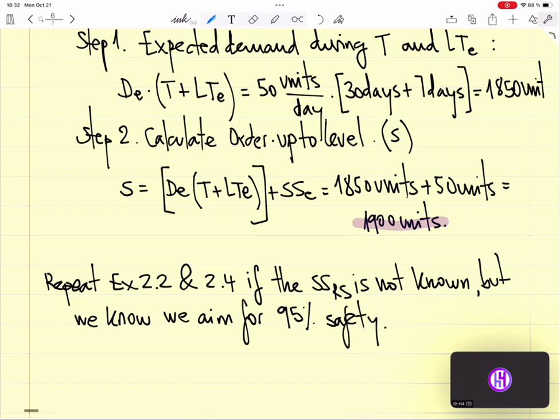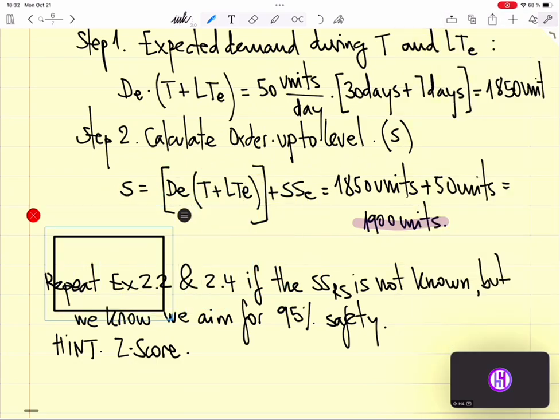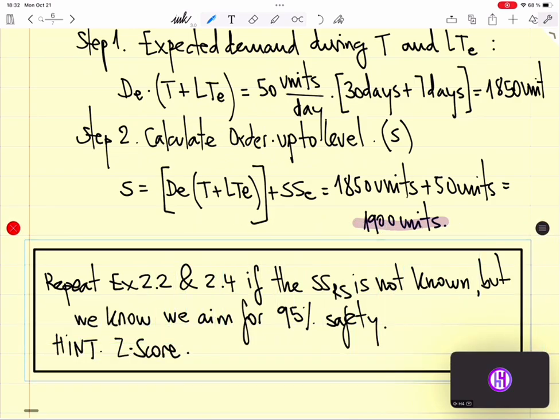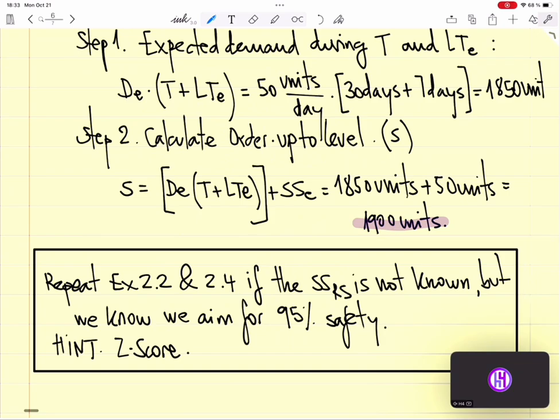Hint, think about the Z score. You know the mean value of the demand, you know the standard deviation, you can calculate the rest. Okay, so this is for you to think. Please do it in order to get a good grasp of the exam. If you don't come forward with this, we can solve this, or I can give you more hints when we meet November 6th for questions and answers.